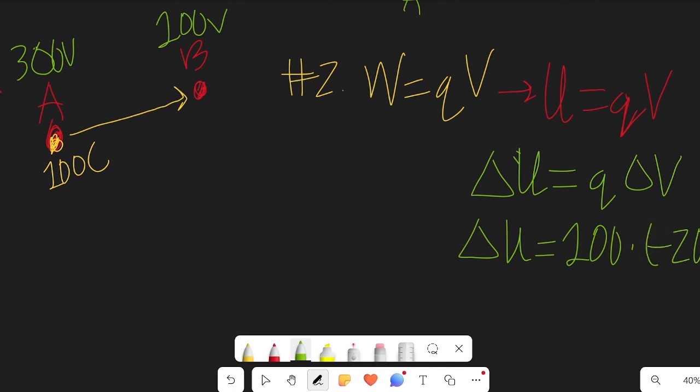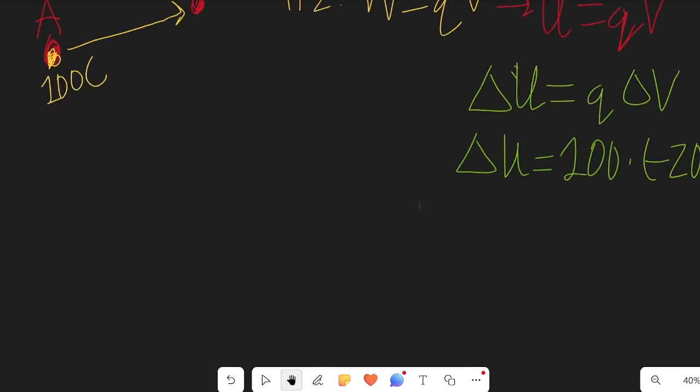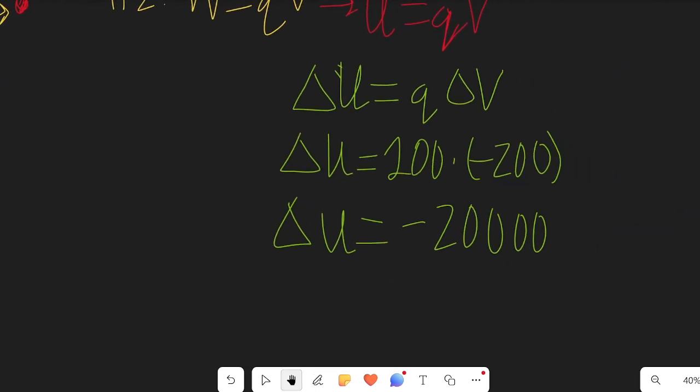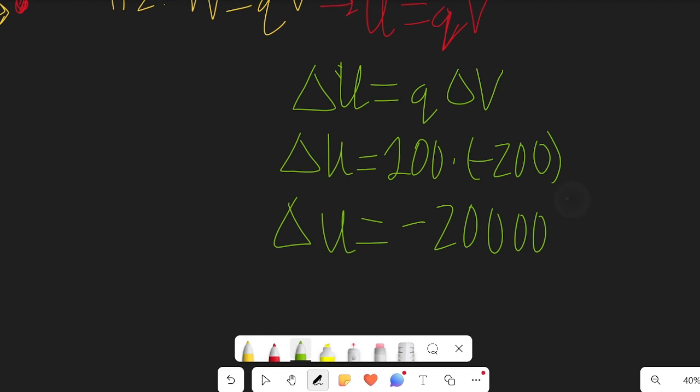So the change in electric potential energy will be equal to negative 20,000 joules. Joule simplifies to newton meters. So that's our first practice problem.